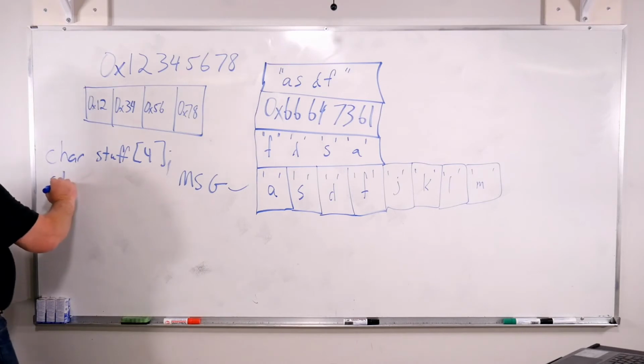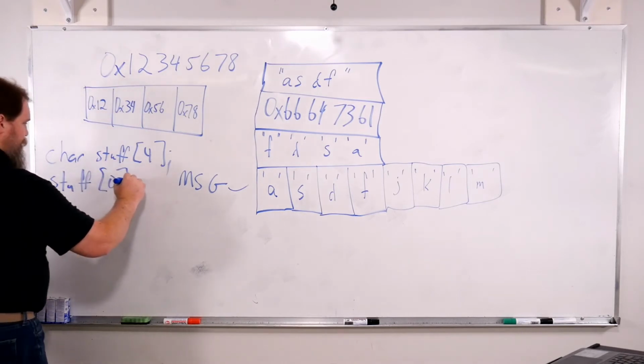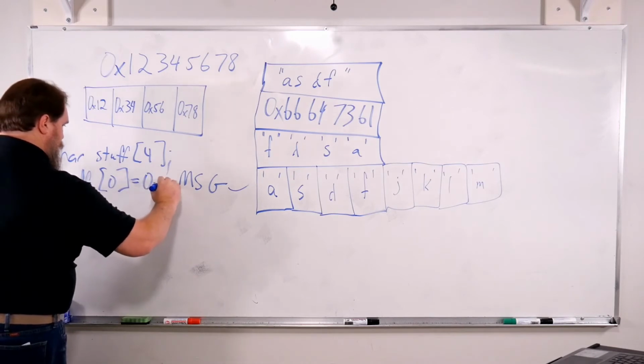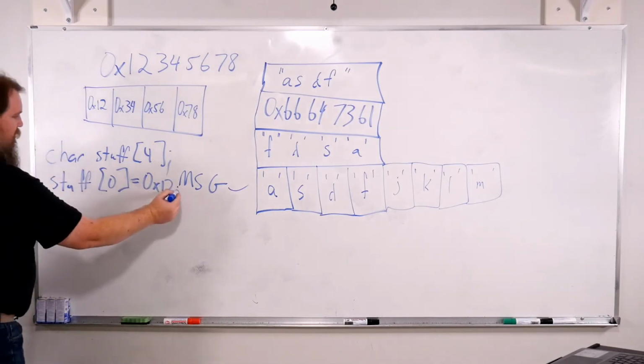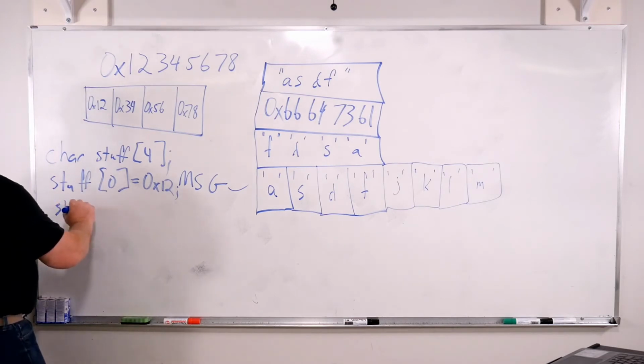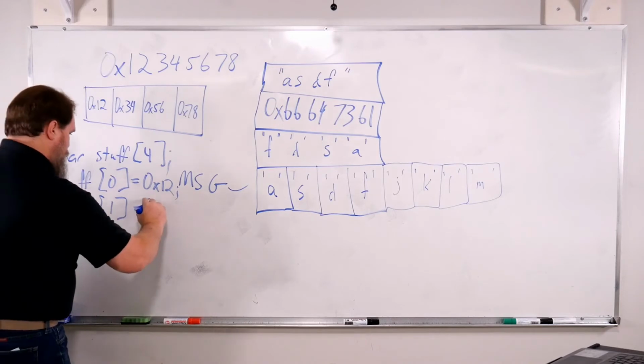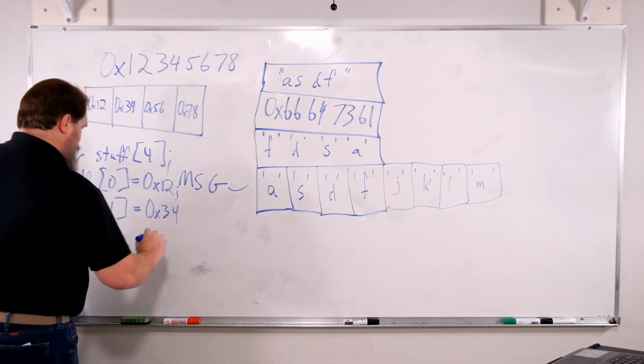We'd have to say that stuff 0 is 1, 2. Stuff 1 is 3, 4.